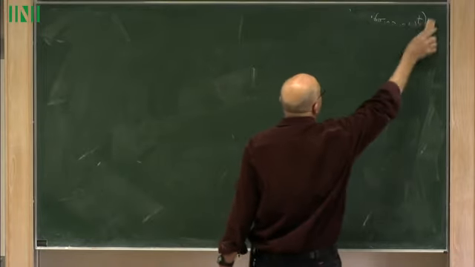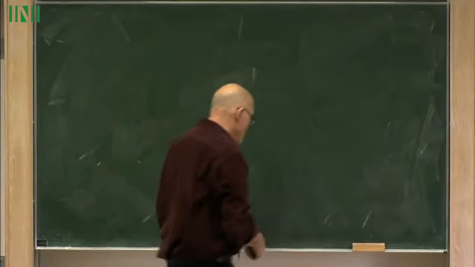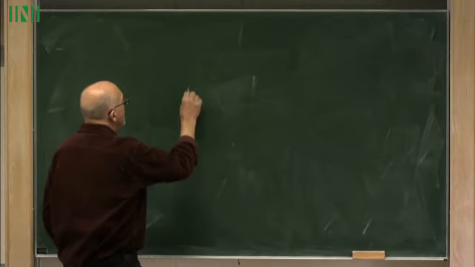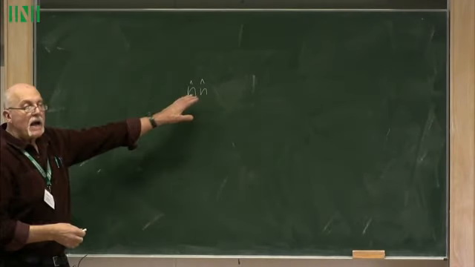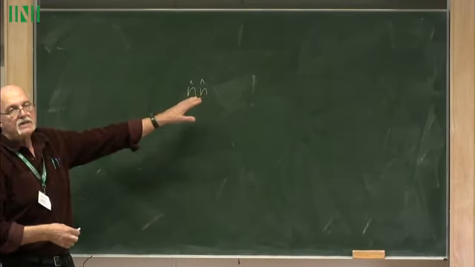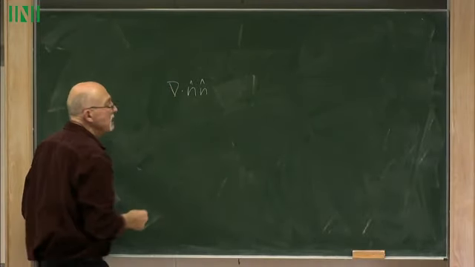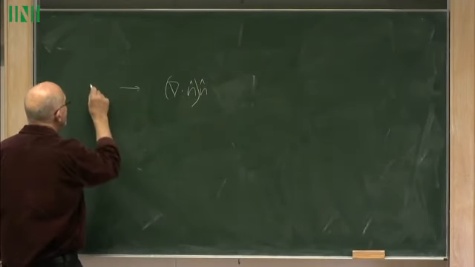So suppose you have a director field which is spatially varying, then you can look at the divergence of this, and now you have a proper vector.